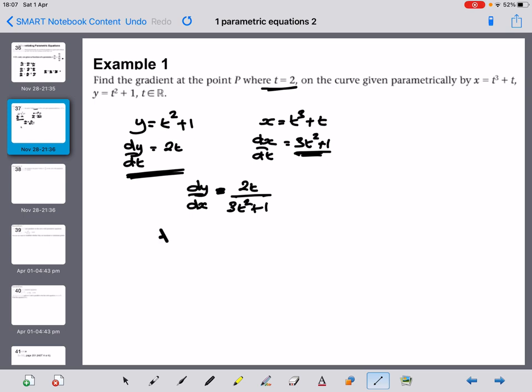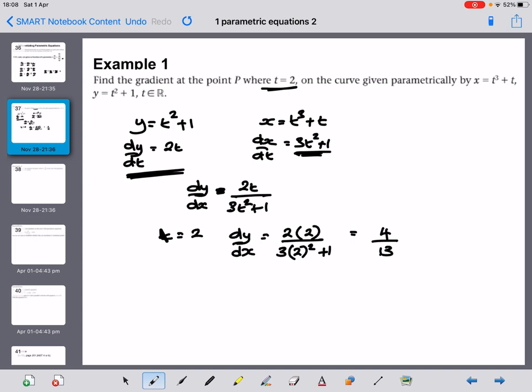So at t equals 2, dy by dx will be 2 times 2 over 3 times 2 squared plus 1, which is 4 over 13. So we know the gradient at the point on the curve given by those parametric equations is 4/13.